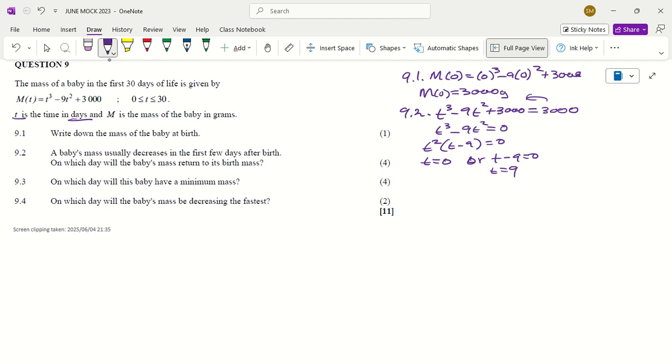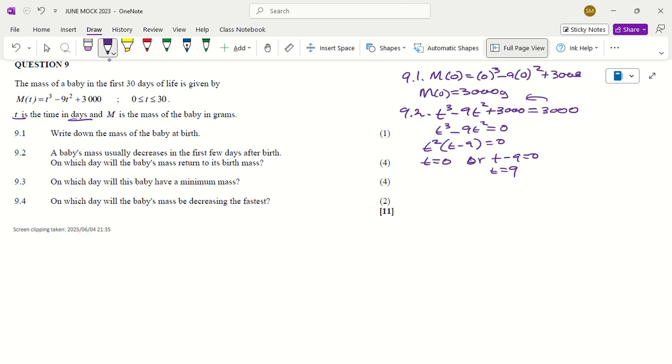We have 2 days, the day at birth and the ninth day. So at the ninth day, the mass of the baby is also 3,000 grams. So very simple.